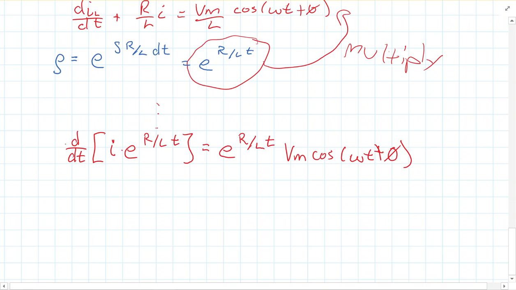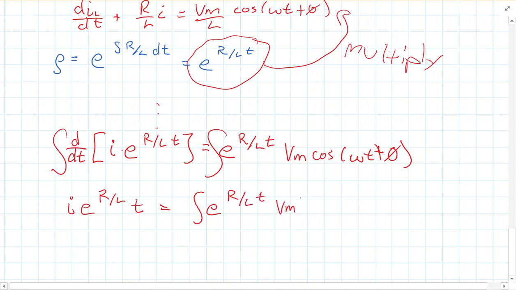So if I integrate both sides, I'm just going to slap an integral on both sides. Then the left-hand side just becomes I e to the R over L t is equal to the integral of e to the R over L t Vm cosine of omega t plus phi.